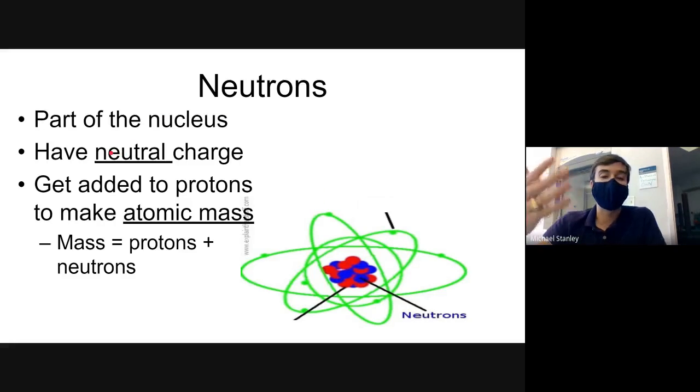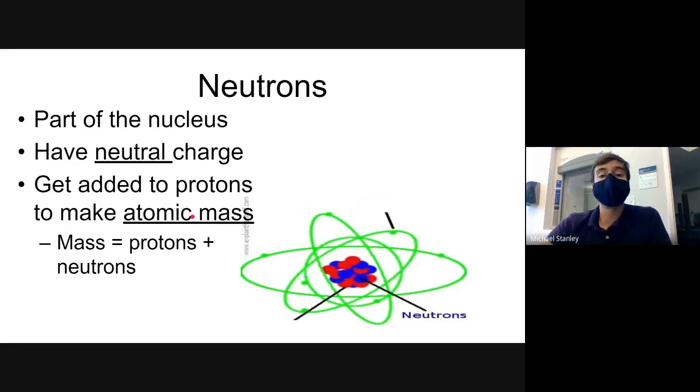You could call it a neutral charge, or sometimes you'll see it written as a zero charge. So they're not positive, they're not negative, they're neutral, right in the middle. They're at the zero charge mark. So the neutrons and the protons are hanging out here in the middle of the atom in the nucleus.